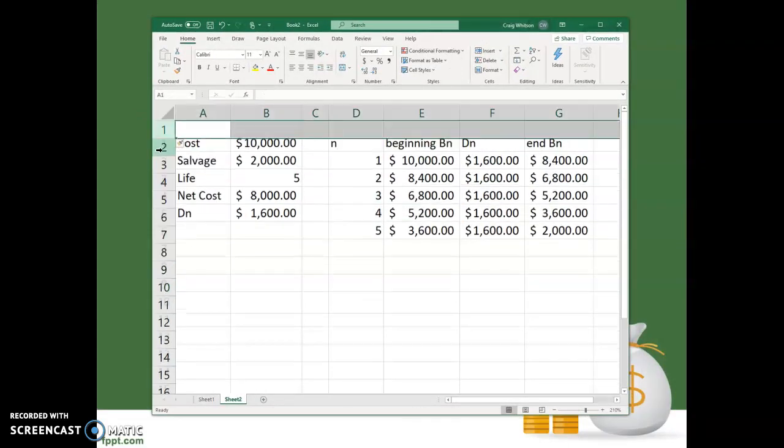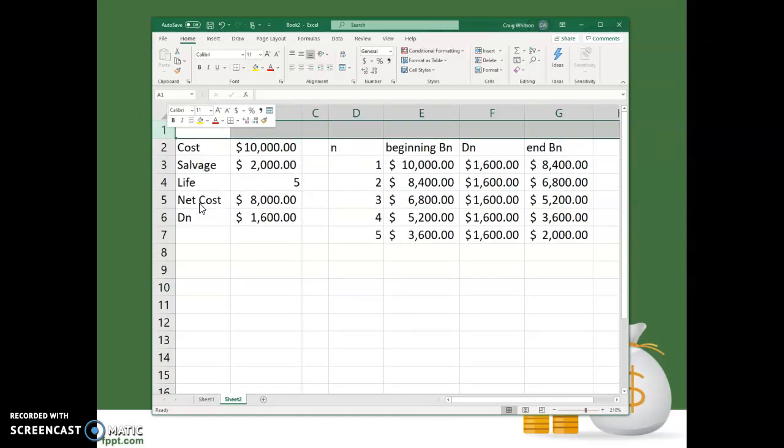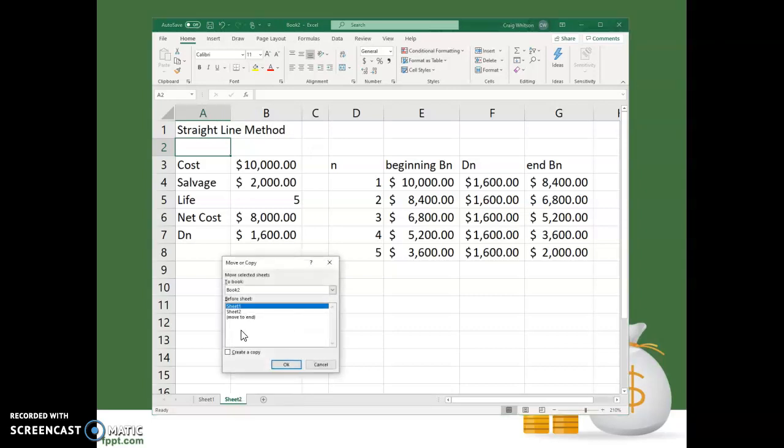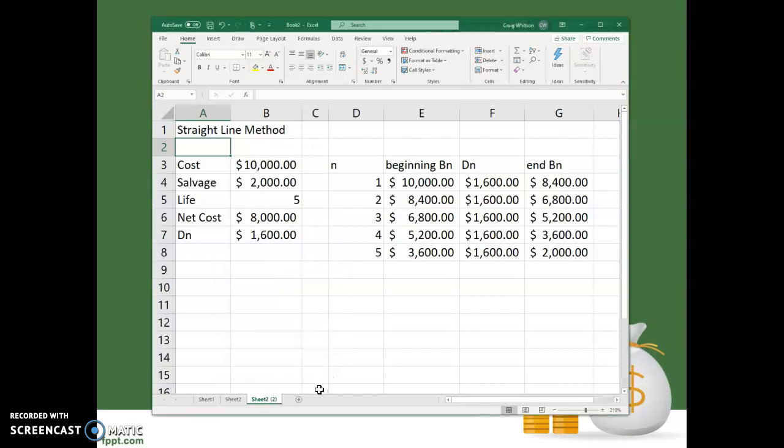In fact, I could maybe insert a couple rows here, and right at the top here, this is the straight line method. And I'm going to copy this. And this would be the declining balance method.